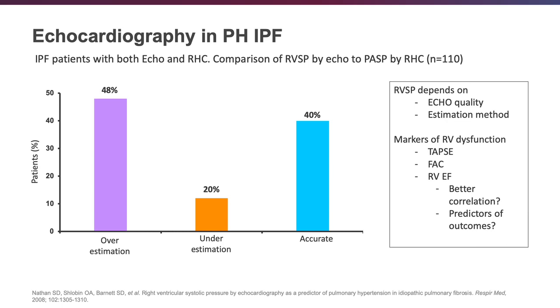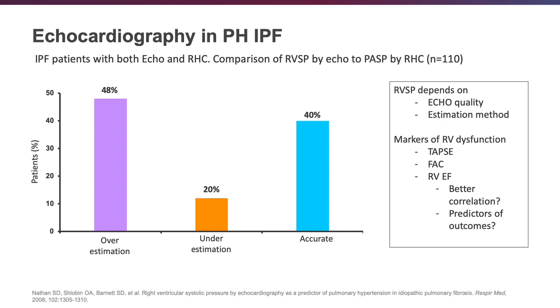And you can see that the echocardiogram is actually not that great if all you look at is the RVSP. Only 40% of cases were accurate, and overestimation of pulmonary pressure was very likely, as was underestimation. So about 20% of patients had their pulmonary pressures underestimated by the echocardiogram.